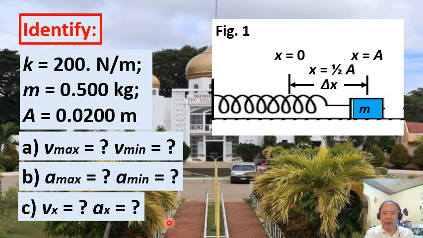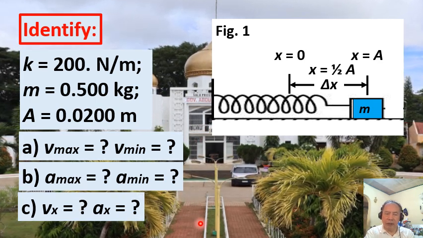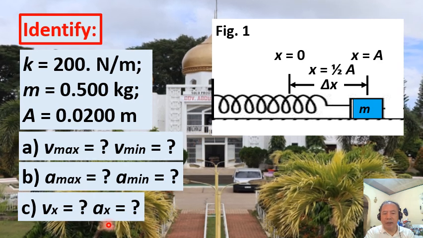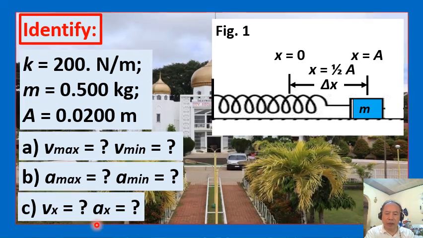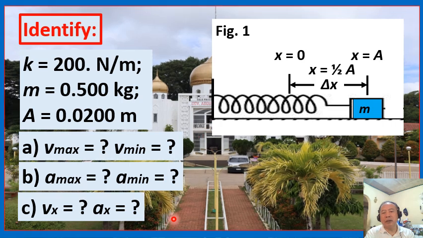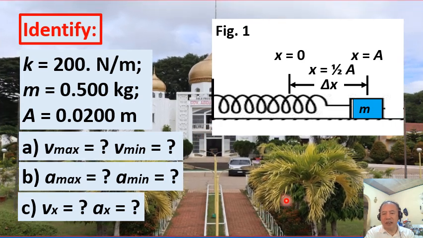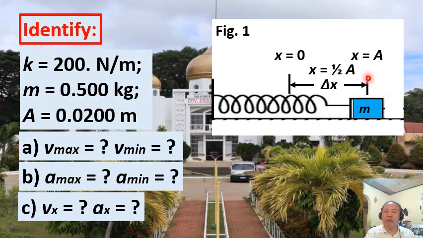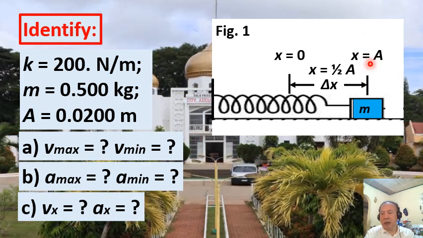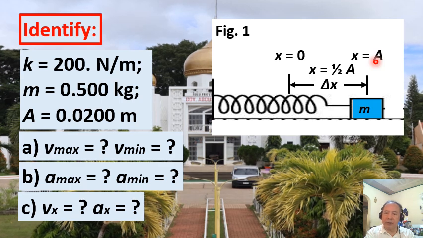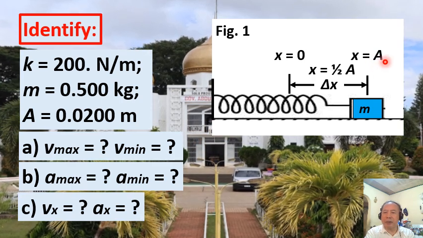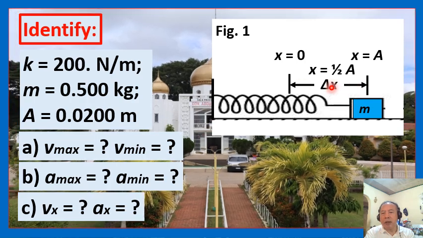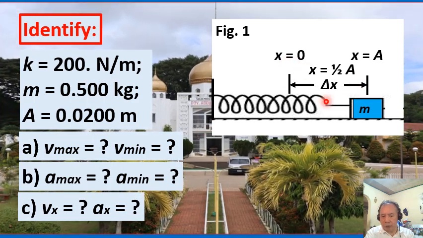In part C, we are to determine the instantaneous velocity v sub x as well as the instantaneous acceleration a sub x when the block is exactly halfway between its initial position, which is x equals the positive displacement or amplitude, to the equilibrium position x equals 0.